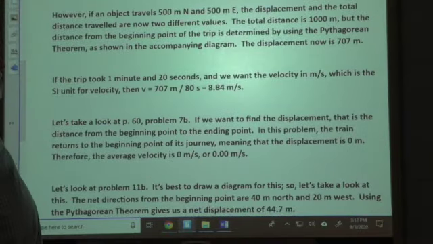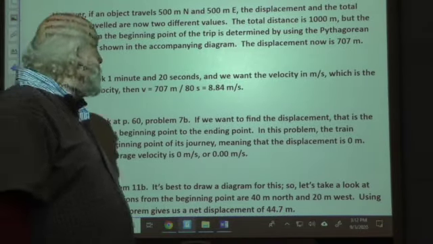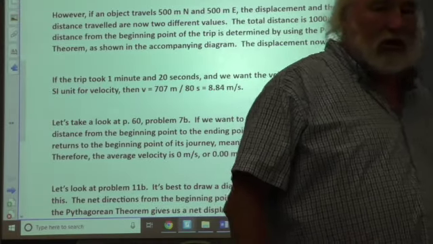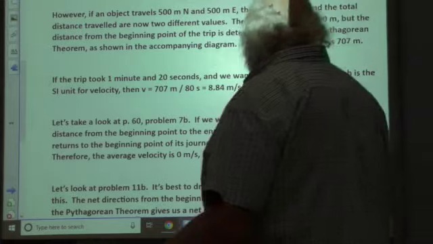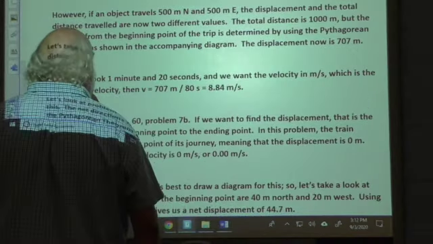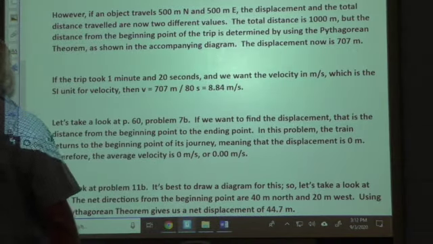However, if the object travels 500 meters north and 500 meters east, the displacement and the total distance traveled now are two different values. The total distance is 1,000 meters, but the distance from the beginning point of the trip is determined by using the Pythagorean Theorem. So let's take a look at that.